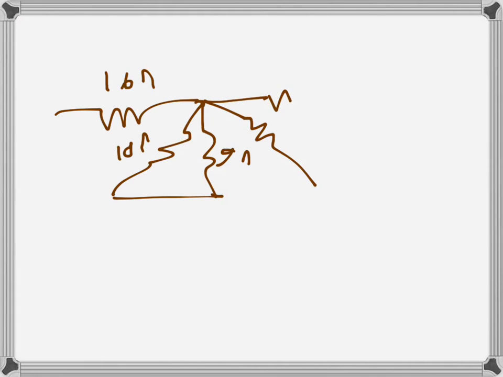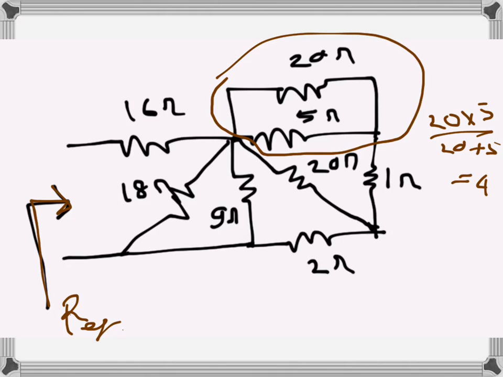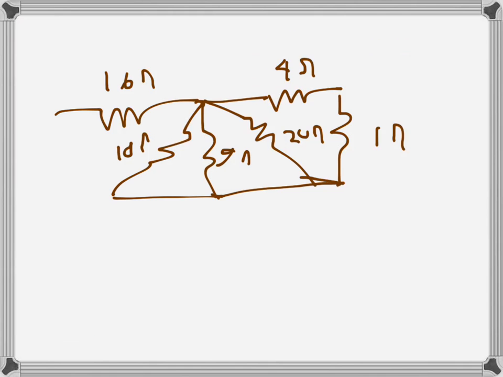This one becomes 4, the equivalent of 20 and 5, and there is a 1 here. So this one goes there, it's the same point basically. So 20 and 1 ohms there and 20 ohms there. And we had 2 ohms there as well. So here there will be the 2 ohms.